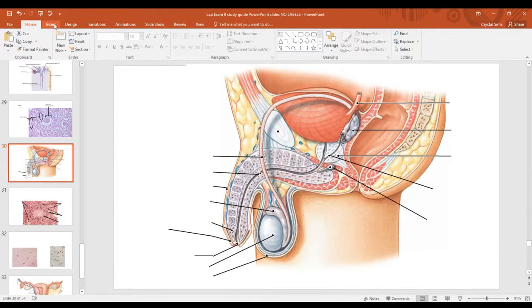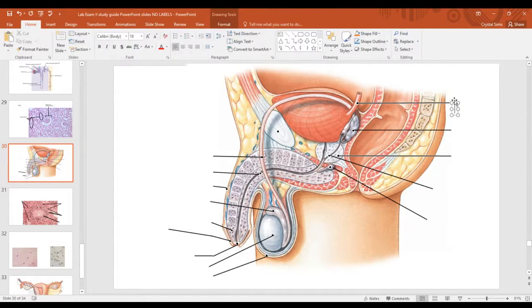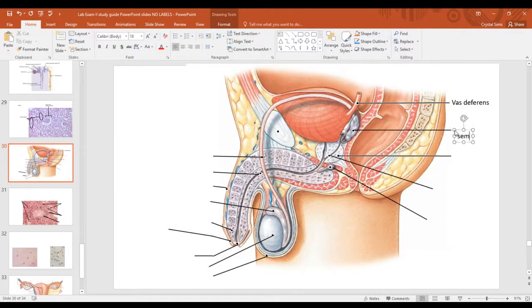Okay. What are the two structures that are kind of circled there? The two different areas that are circled. What are those? Yes, those are my kidney tubules. So, my organ is the kidney.